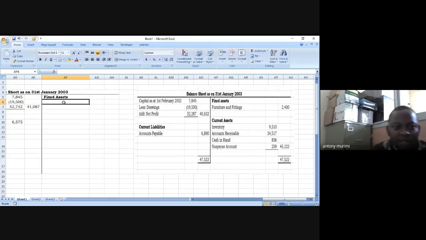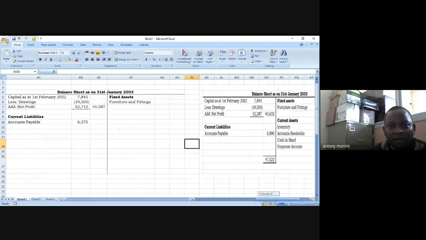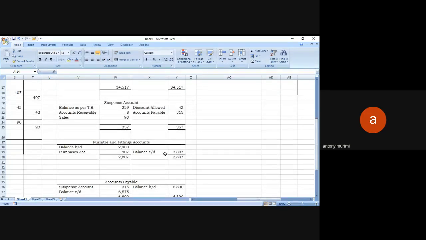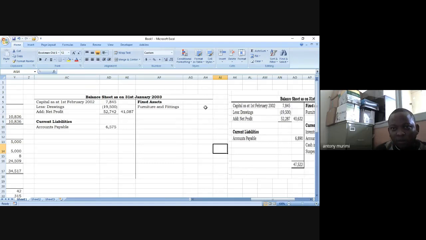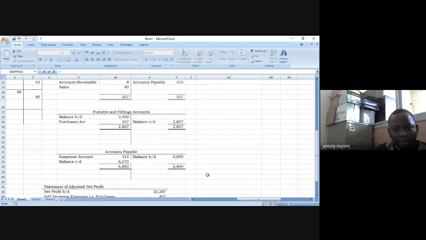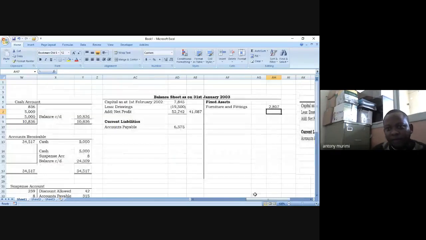We have furniture and fittings, which from our corrections has changed to how much? 2807.